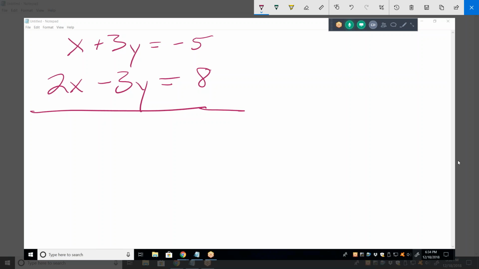And it doesn't matter whether you solve it for y or for x. You just have to solve it for one variable. How many steps would it take to solve that for x? Nope. 1.